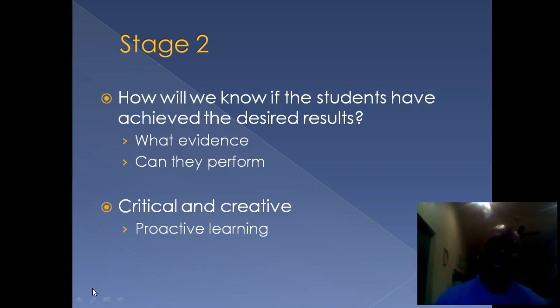having assessment evidence. The question up there is, how will we know if the students have achieved desired results? We need to see evidence from this. Evidence would be, can they perform the task on one problem and then transfer it to another problem? In doing so, we must be critical and creative to promote proactive learning.